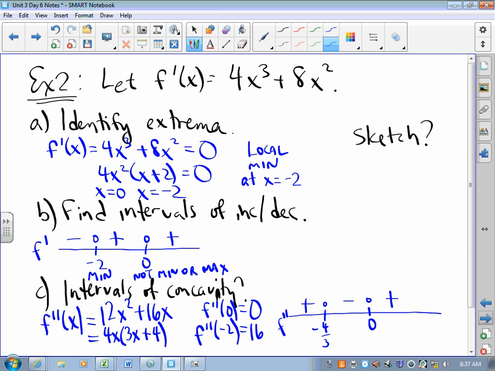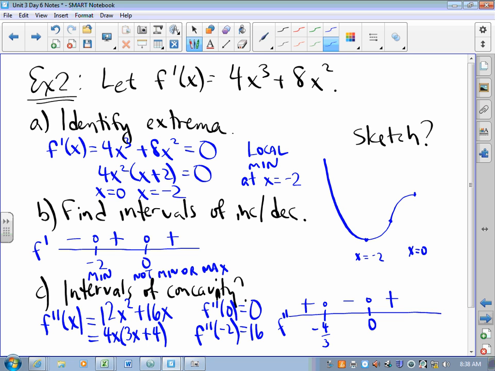So what does this look like? Well, we know that we're concave up because we've got a min at x equals -2 at that point right there. And then at x equals -4/3, we've got an inflection point, and then we're concave down until x equals 0.